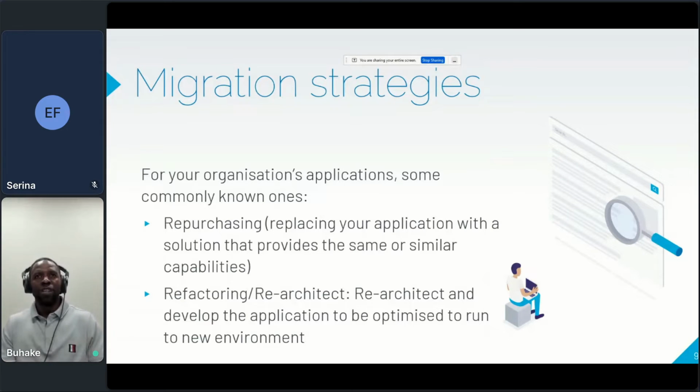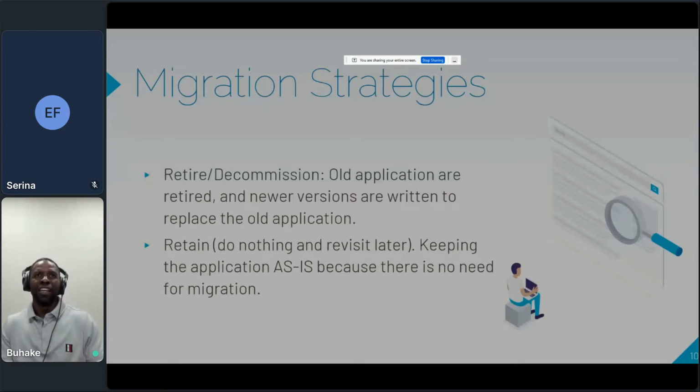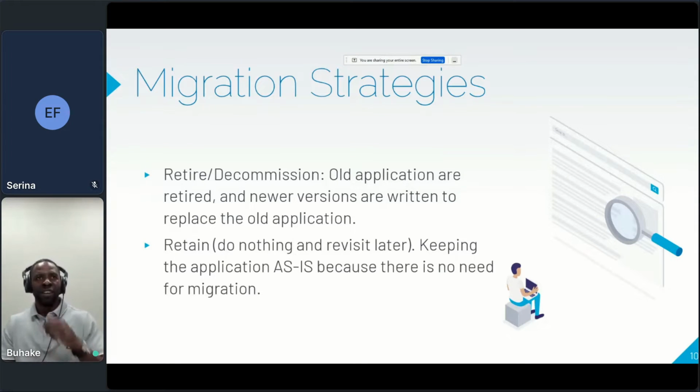Sometimes you might need to decommission your applications and rebuild newer ones with the newest technology, or your application is good as is, and you just need to move it to the newest platform without changing anything, so you can just retain it and push it.